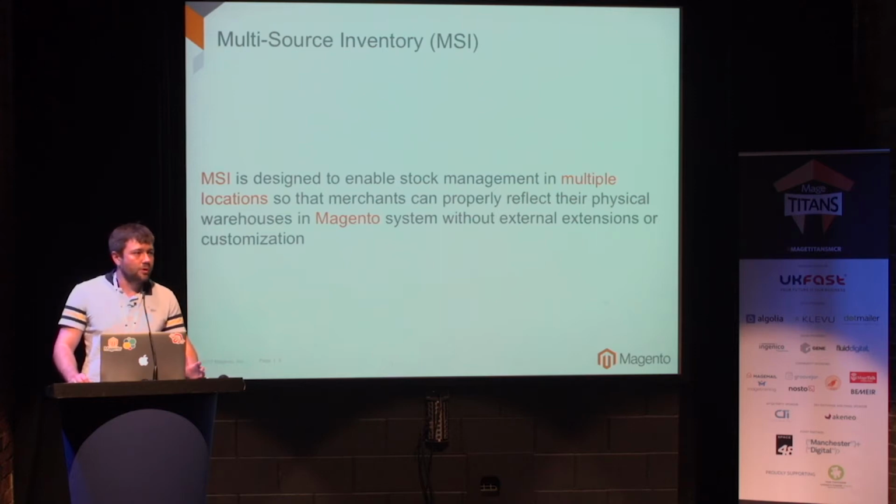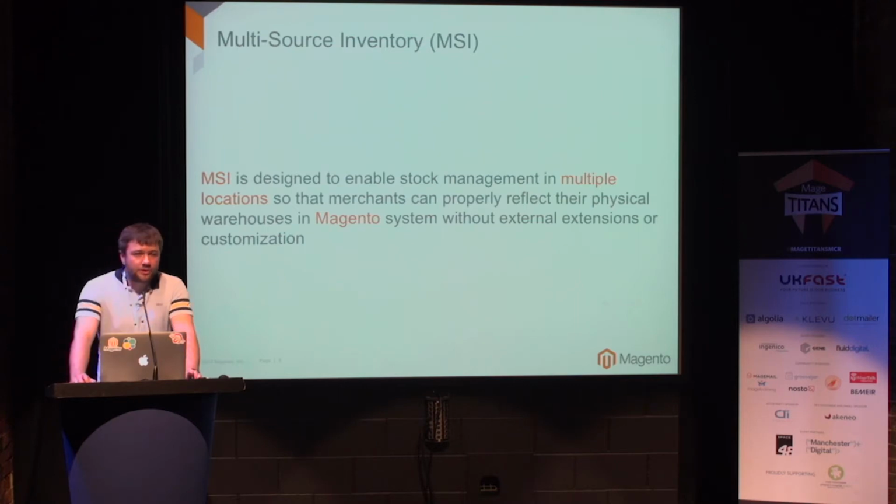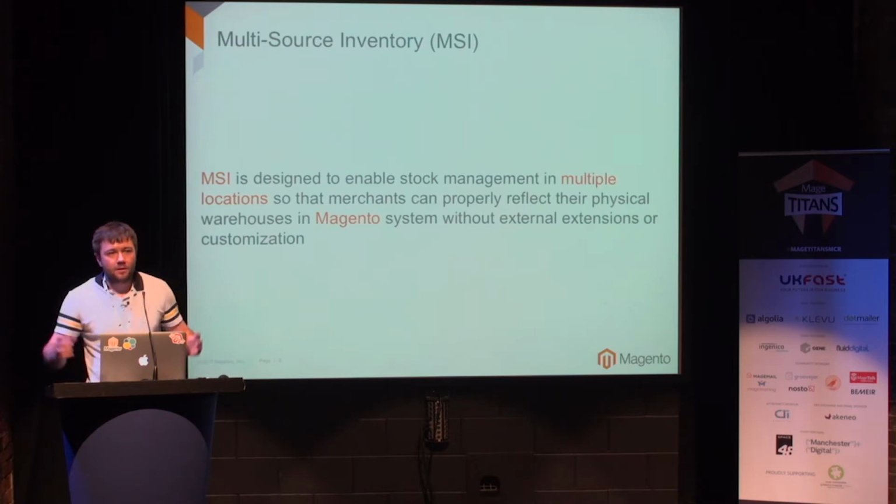But when you or your merchant get stuck with a problem, but actually it's not a problem, it's just a business case, when you have several warehouses, you probably need an additional system to track your inventory. Let's call that system an ERP. And you need to synchronize between Magento and that ERP system.